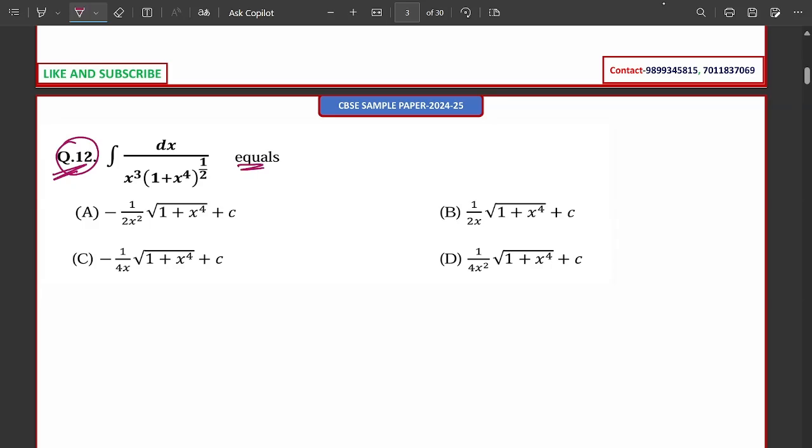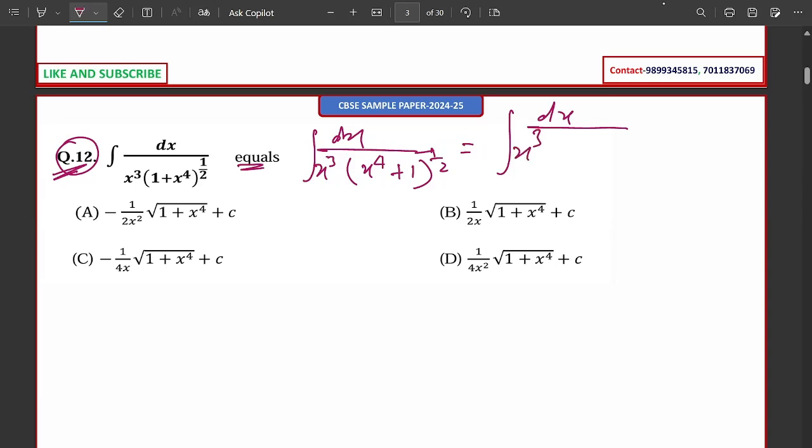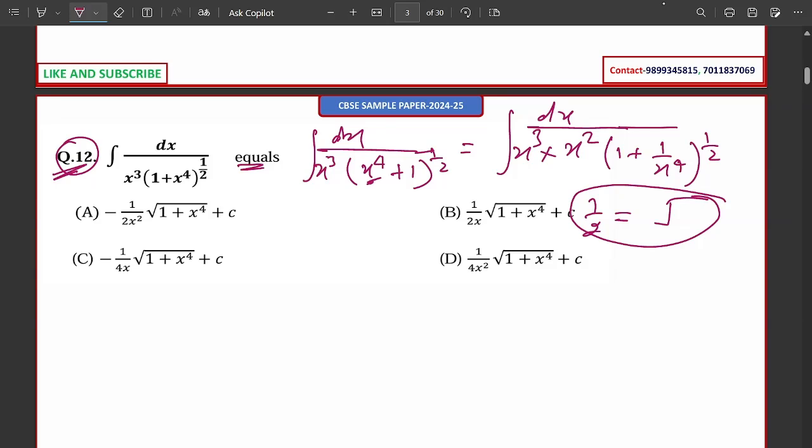For this question, first of all we can write this as dx over x cubed times x raised to the power 4 plus 1, all to the power 1 by 2. If I take x raised to the power 4 common, x squared comes out of the root, so this becomes dx over x raised to the power 5 into 1 plus 1 over x raised to the power 4, all to the power 1 by 2.